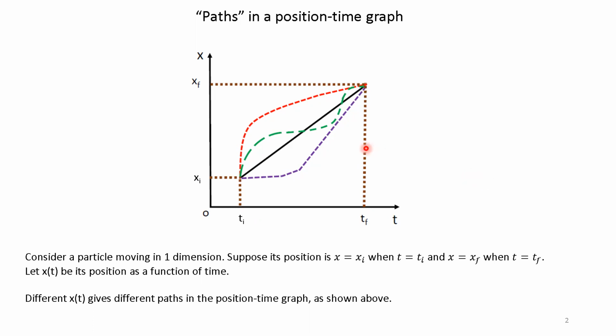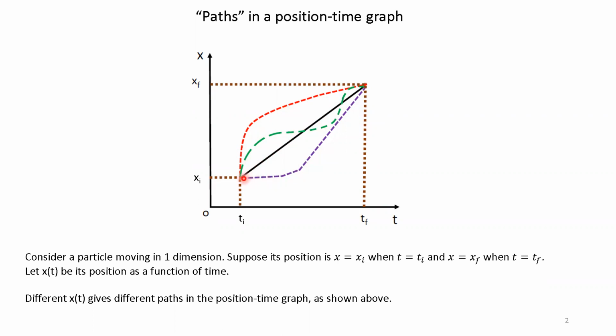Now, I've drawn a few curves in this plot. Of course some of the curves are not straight lines, but you understand that in this representation the particle is actually moving in a straight line anyway, because it's just a one-dimensional problem. The slope of the different curves corresponds to different velocity and acceleration of the particle.